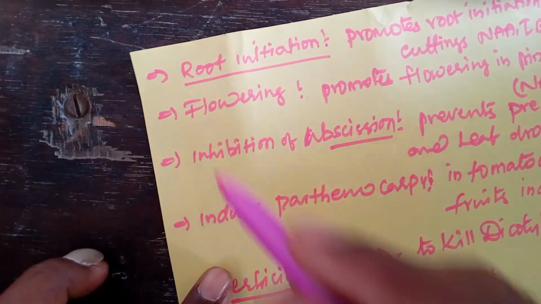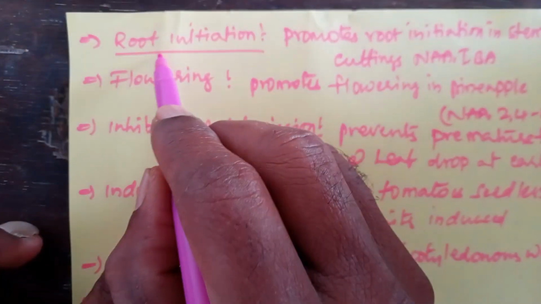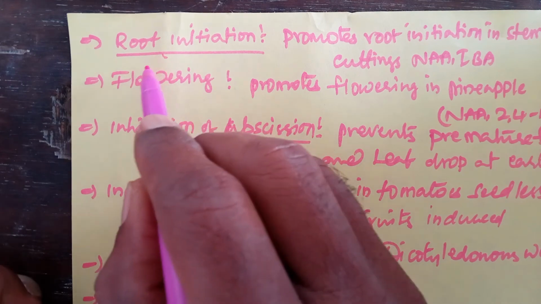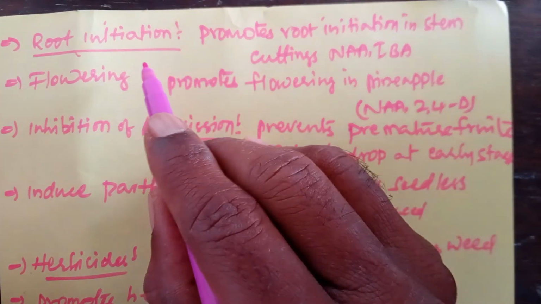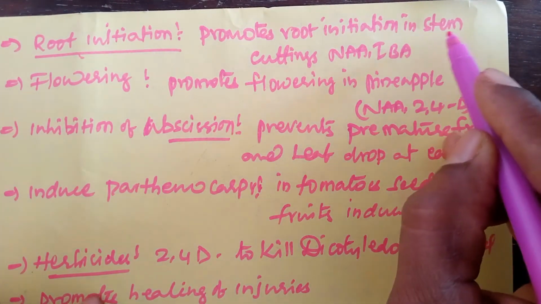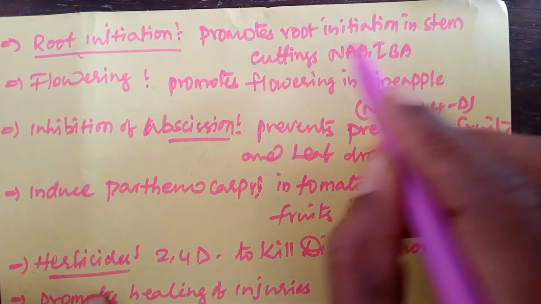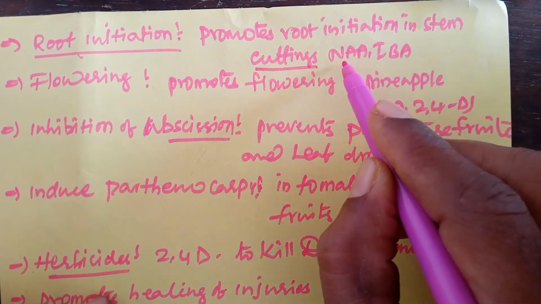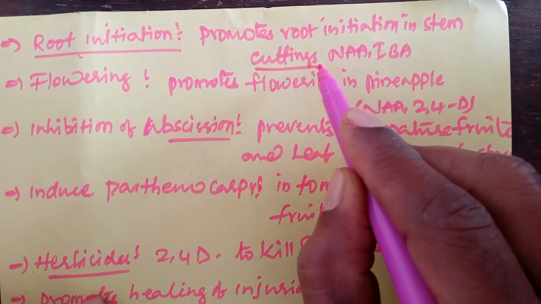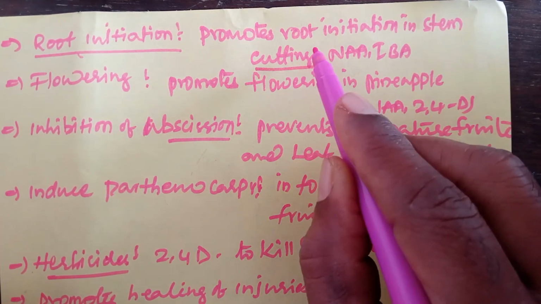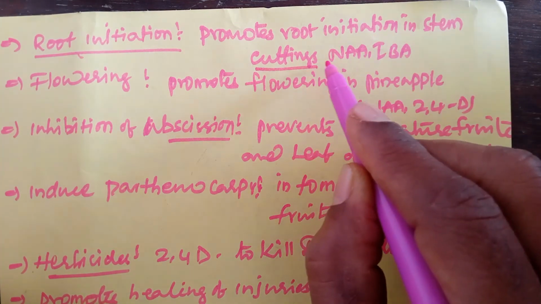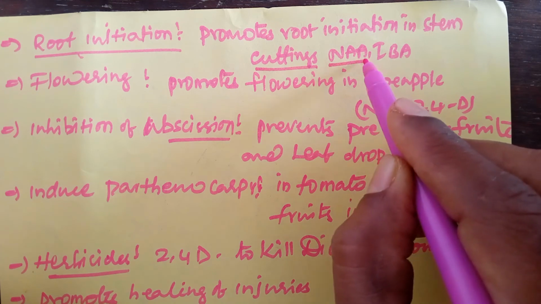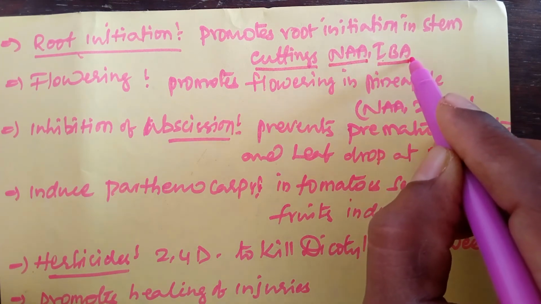Another major function of auxin is root initiation. Auxins promote root initiation in stem cuttings. What types of auxins are used for promoting root initiation in stem cuttings? Naphthalene acetic acid and indole butyric acid.